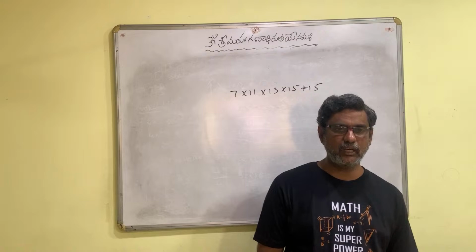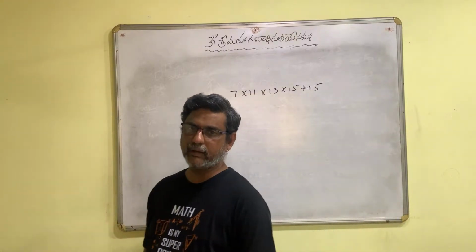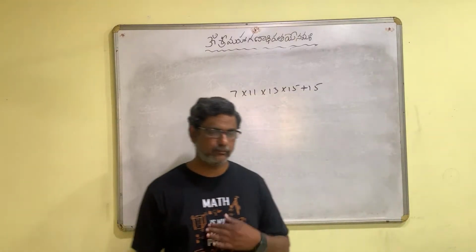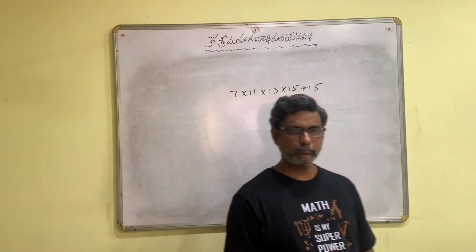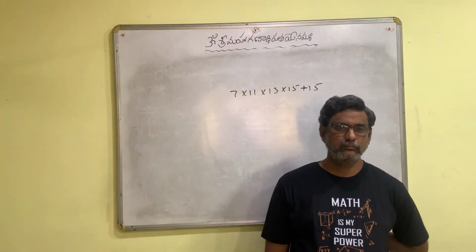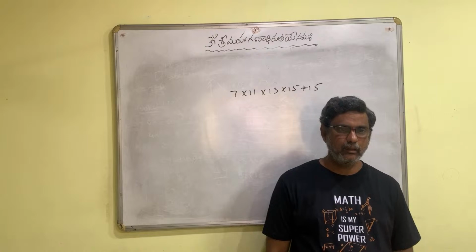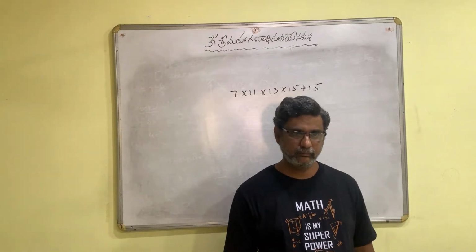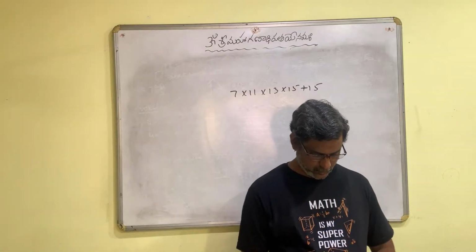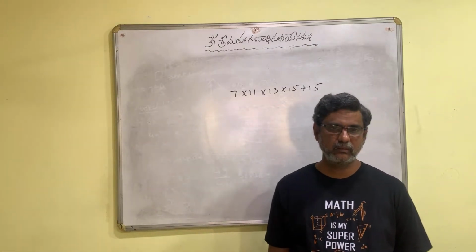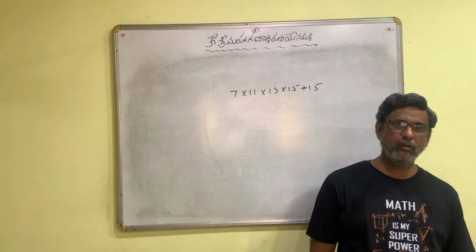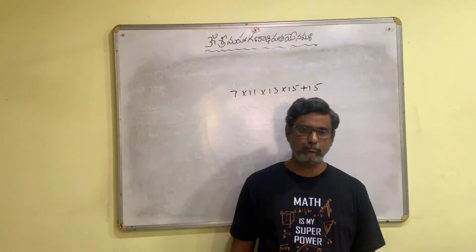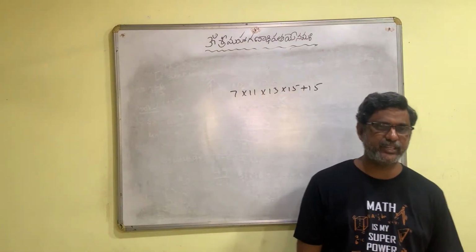Justify your answer, children. How can we say that it is a composite number? Justify your answer. Okay, composite number, right, but you need to give justification.